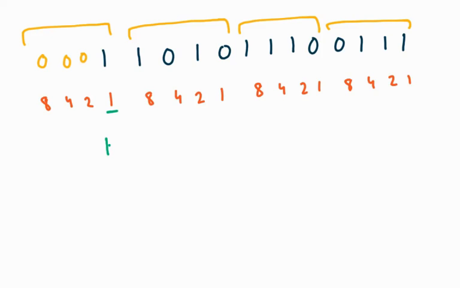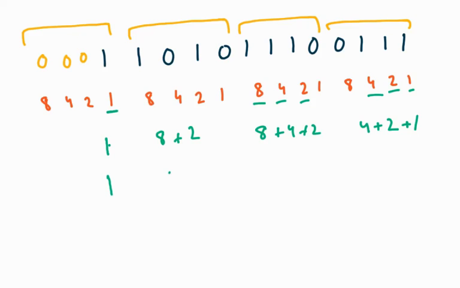Okay, in the second set you have 8, and you'll add all the other numbers that have a 1 on top of them, which is a 2. In this you have 8 plus 4 plus 2, because these three have a 1 on top of them. In the last set you have 4 plus 2 plus 1, because these three have a 1 on top of them.